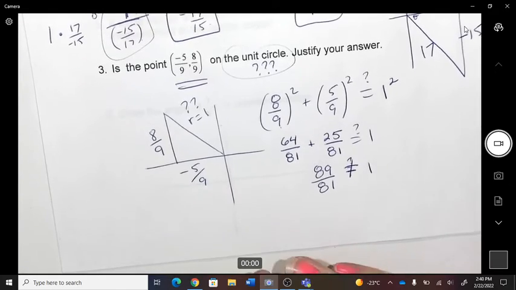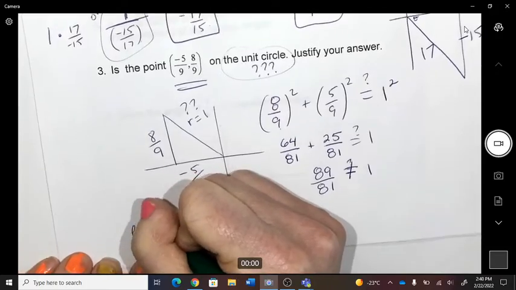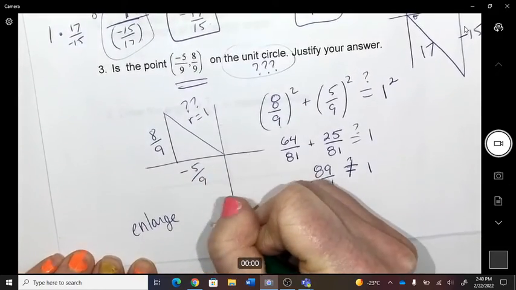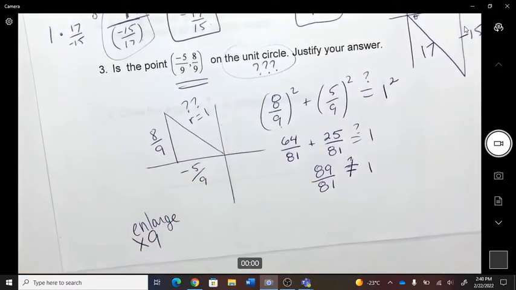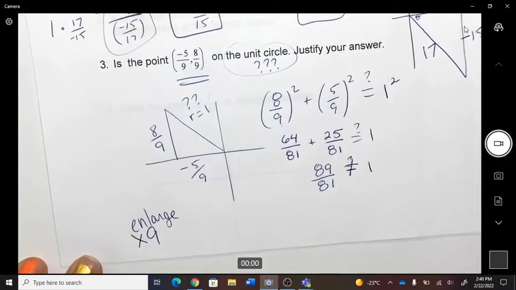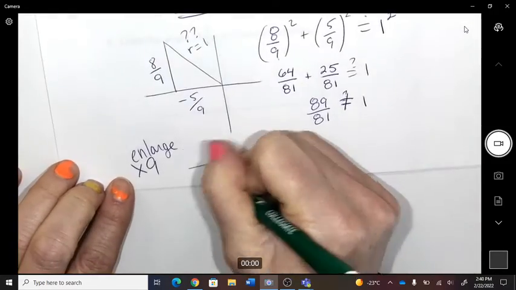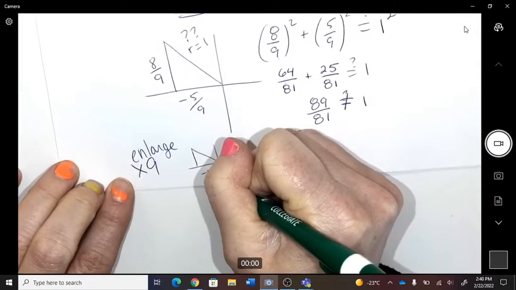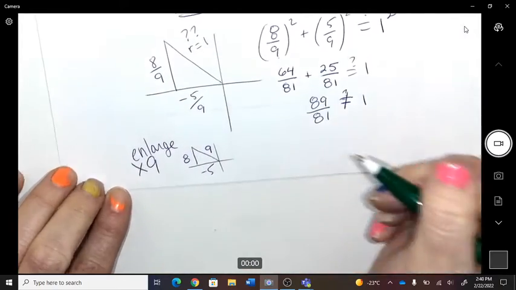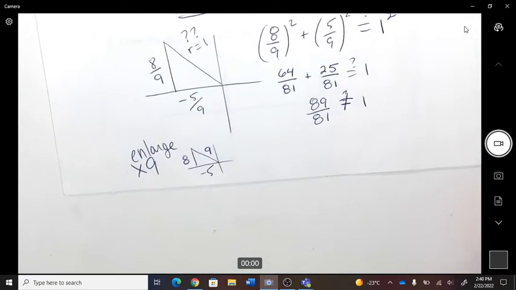Okay, do we like that method? If you wanted to enlarge it, you would times everything by 9, right? And then you're trying to prove, is the radius going to be 9?